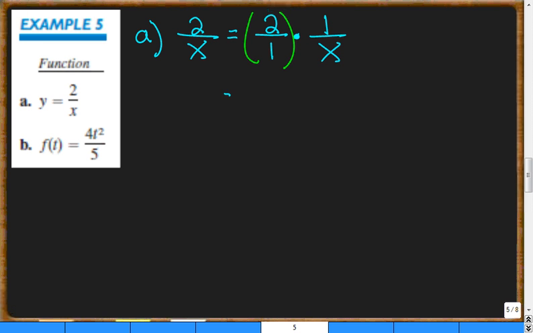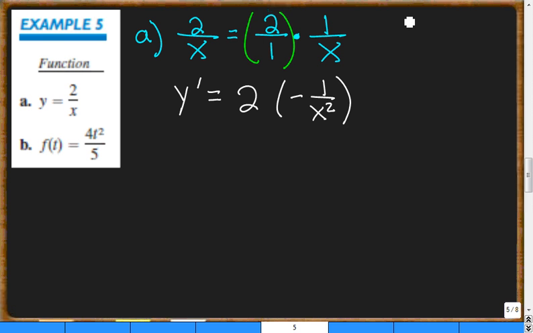So the y prime is going to be the same as 2 times the derivative of 1 over x. Okay, so the derivative of 1 over x is going to end up being, if you do the power rule, -1 over x squared.